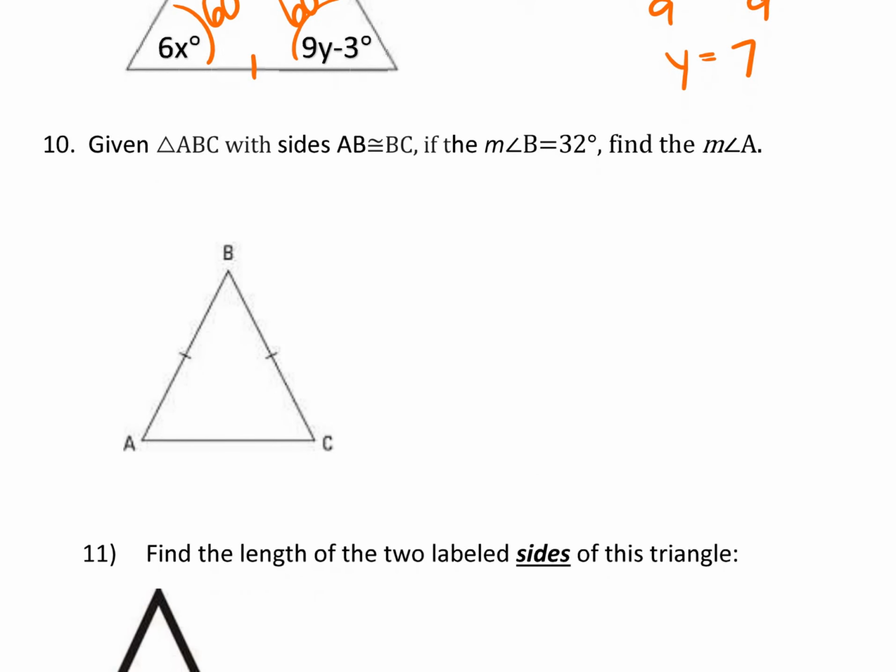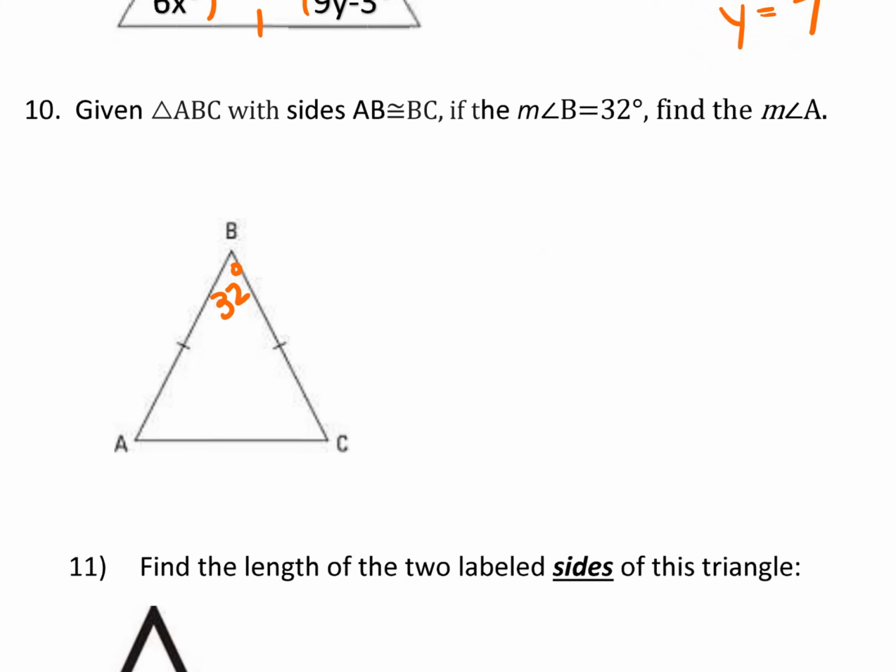Next one, they tell us AB and BC are congruent. Angle B is 32. This one was actually on the sheet we did yesterday. We worked this exact same problem, but we'll do it again here. All right, congruent sides, congruent base angles. It's isosceles.